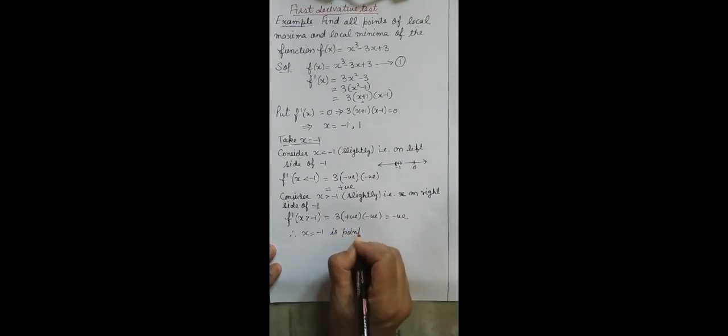So students, you can clearly see that my derivative is shifting sign from positive to negative, which means therefore x = −1 is a point of local maxima.